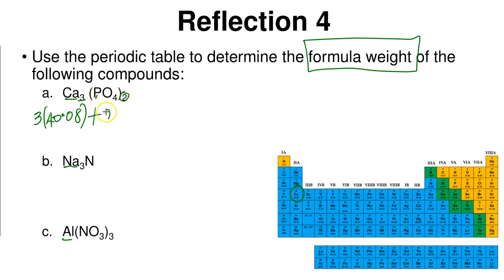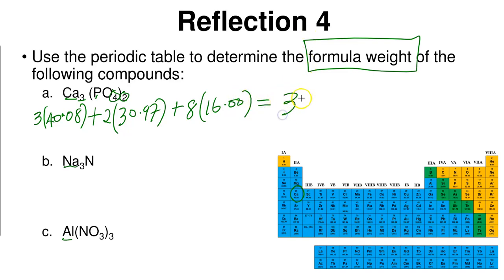So there are 2 phosphorus there, so it'll be 2 times 30.97 plus there were 4 oxygens already here. So 2 times 4 will give you 8 times 16.00. If you add everything together, it's going to give 310.18. That is how you do that problem. That compound is actually calcium phosphate.